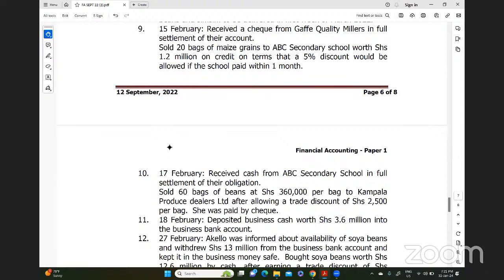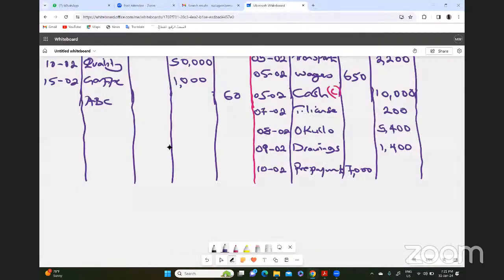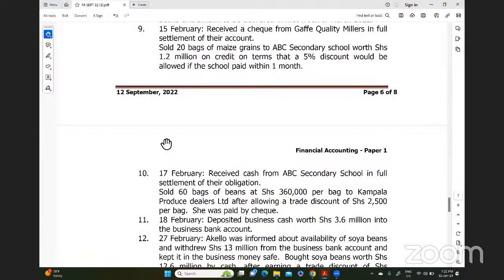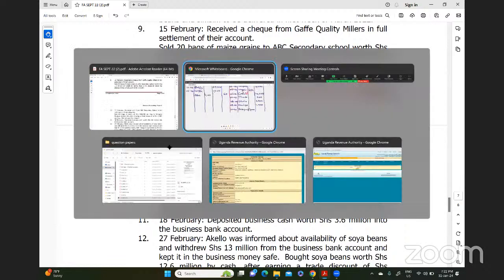And it is cash. It was 1.2, so if we remove 60, it is what? That is it. ABC, and that transaction is on 17th.